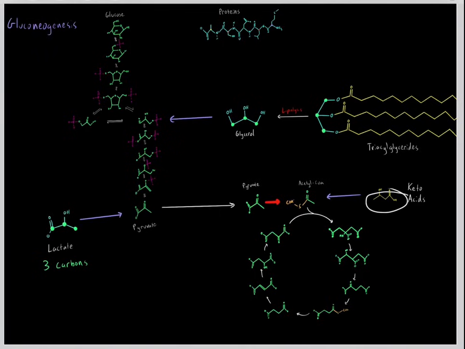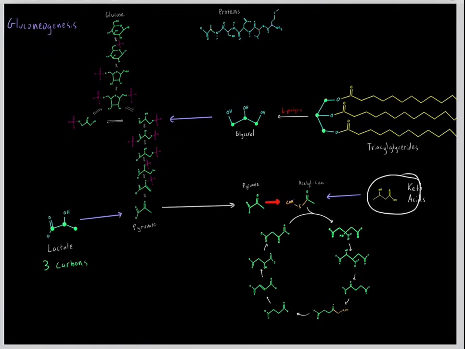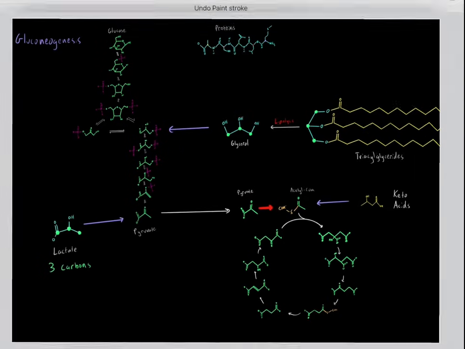Can these atoms be used to biosynthesize glucose molecules? Well, keto acids can be converted into acetyl-CoA. But we know once we form acetyl-CoA, we cannot go in this reverse direction to form pyruvate molecules, so we're stuck. Once we form acetyl-CoA, we are forced to go in this direction. Therefore, these atoms in keto acids cannot be used to form glucose molecules.